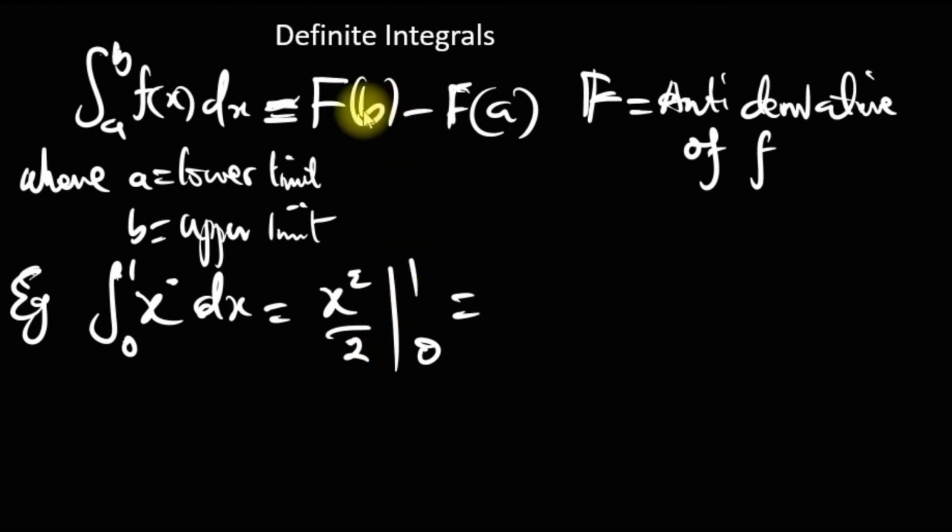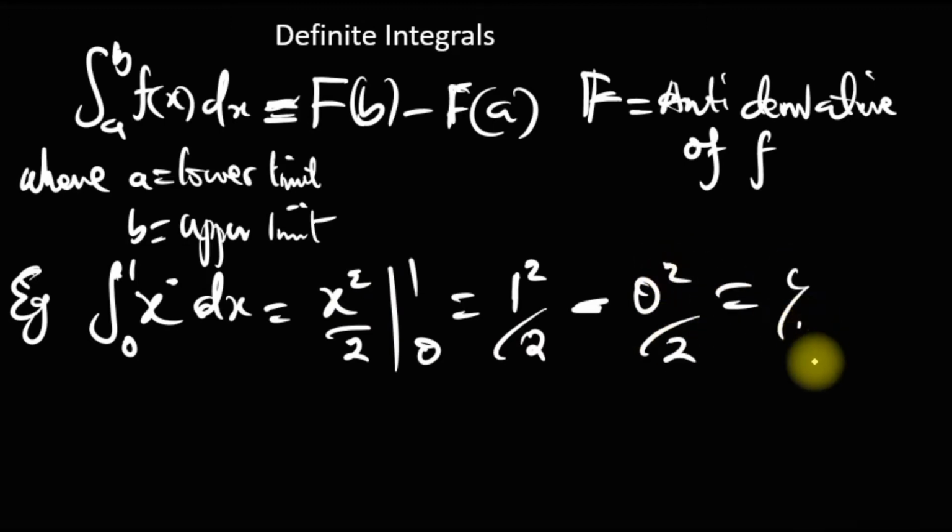So we now substitute the value here. So we have 1 squared over 2 minus, you substitute 0, which is 0 squared over 2. So our answer is 1 over 2.